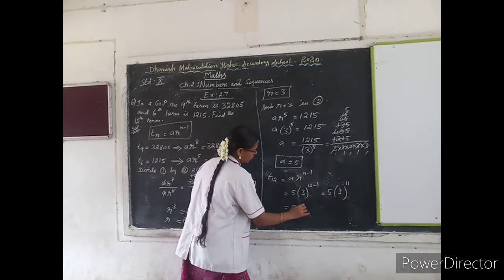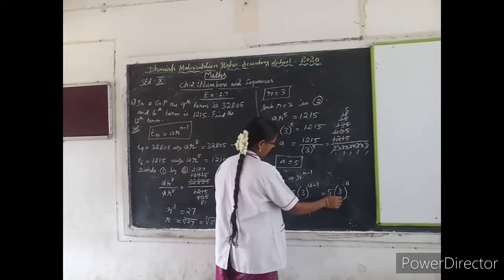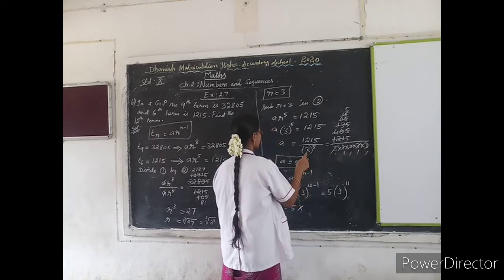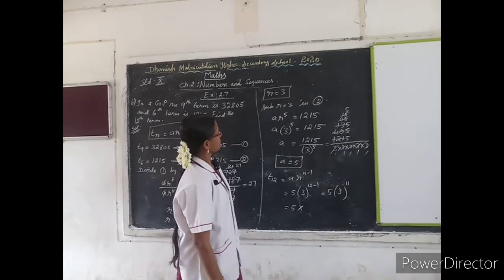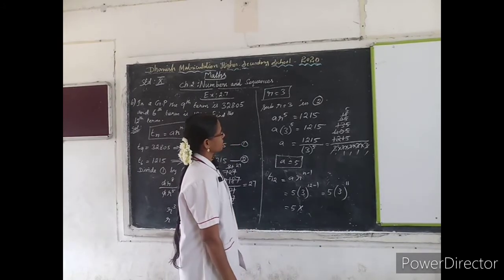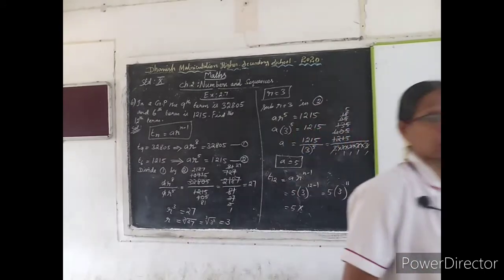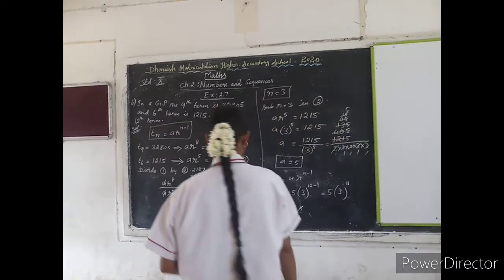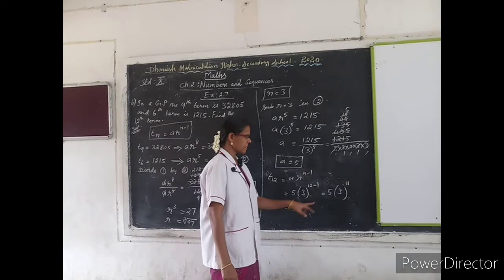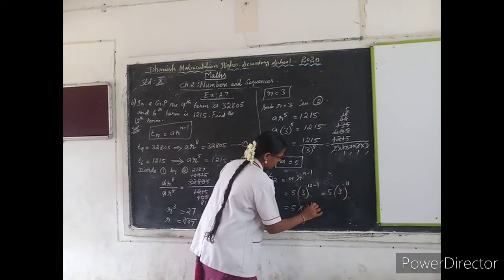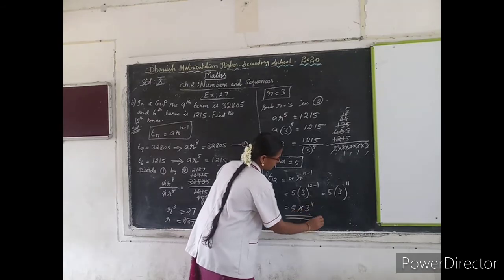So 5 into 3 power 11. So the answer is 5 into 3 power 11.